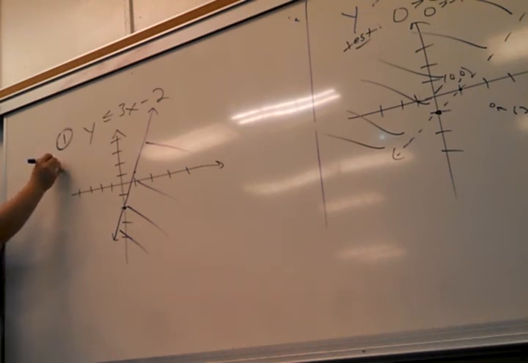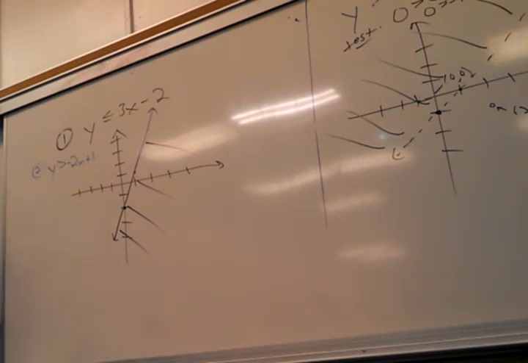So what if y is greater than negative 2x plus 1? Now plot that on top of that one.